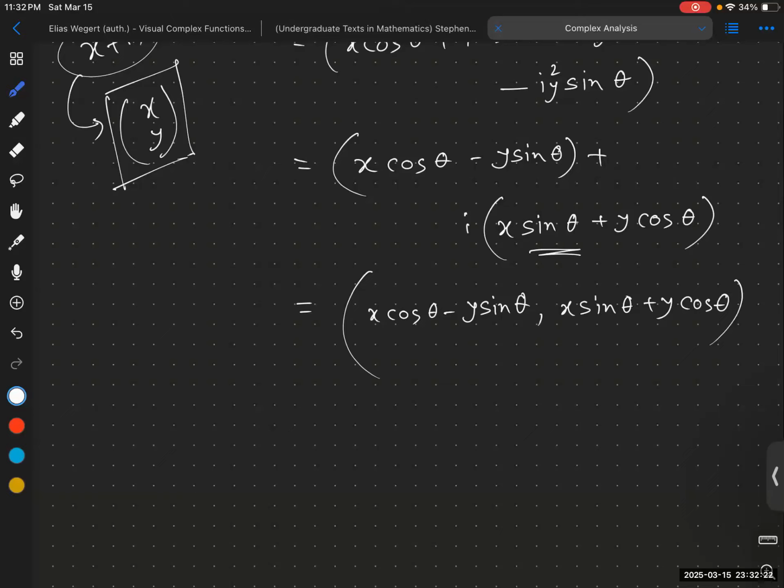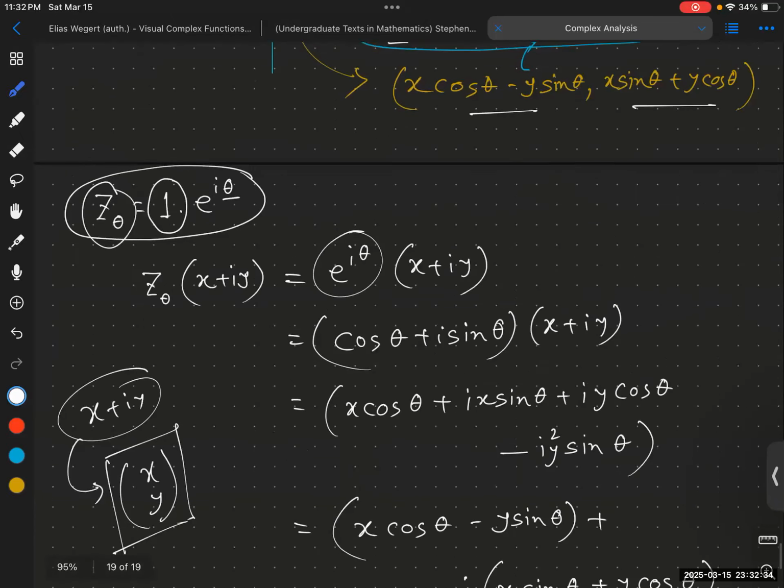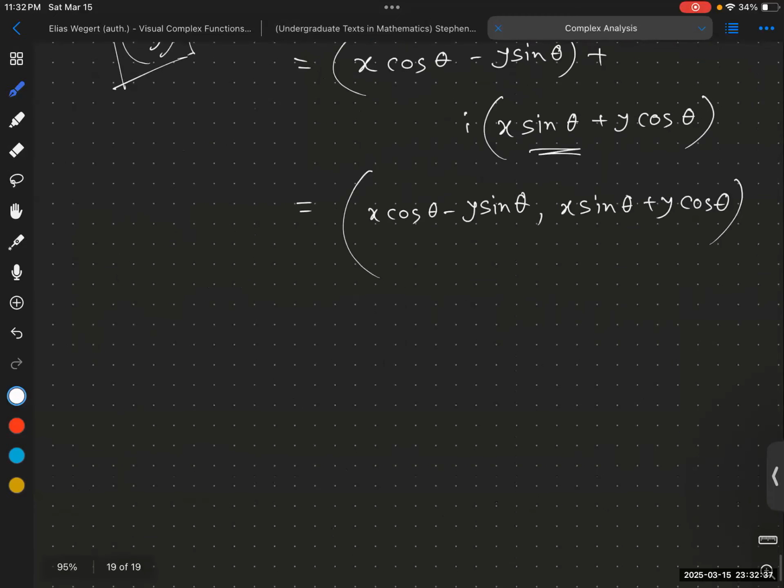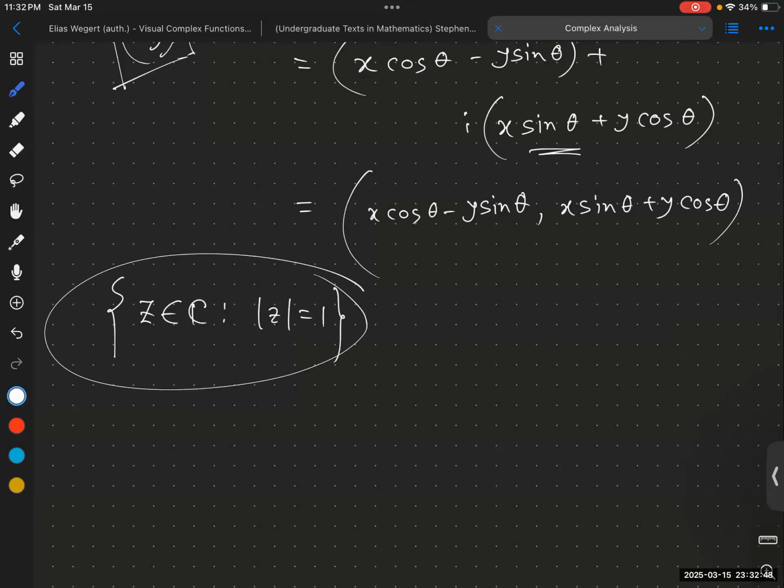So from here we can say that there is a relation between these two things, and more precisely, the set of all such numbers z belonging to C where modulus of z is 1, and the set of all 2 times 2 matrices representing a theta degree rotation, there is a connection between these two, and we can say that there is an isomorphism between these two sets.